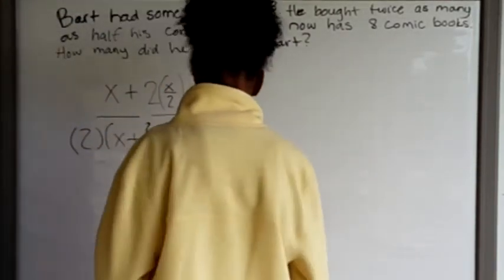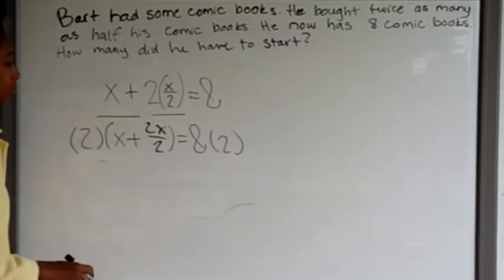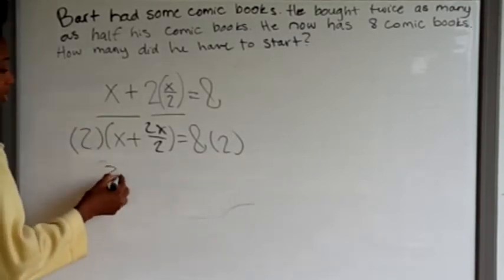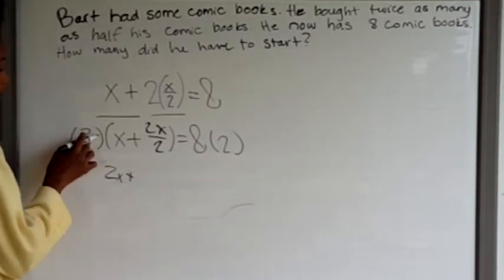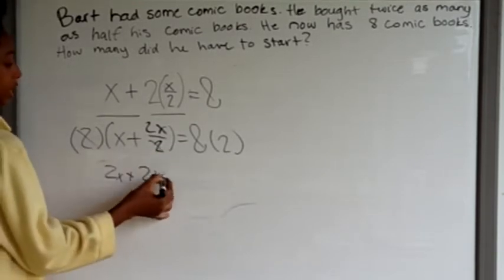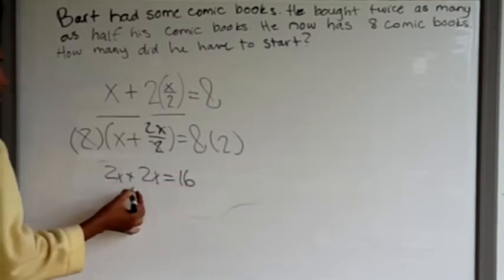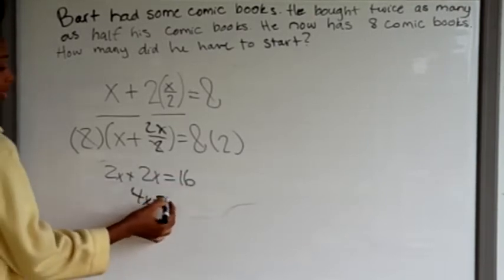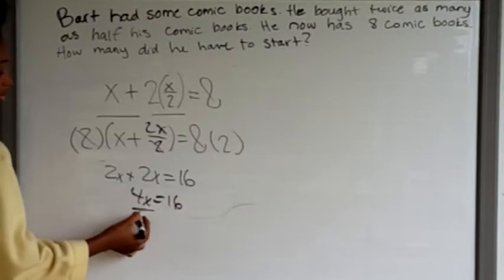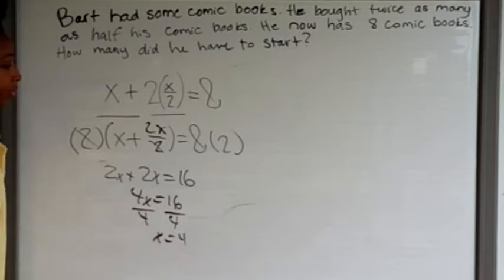Step on the side. All right, so he multiplied by 2, and so we get 2x. We know this and this can cancel out, so that leaves us with 2x. And then 16. Then we combine like terms. 4x equals 16. x equals 4.